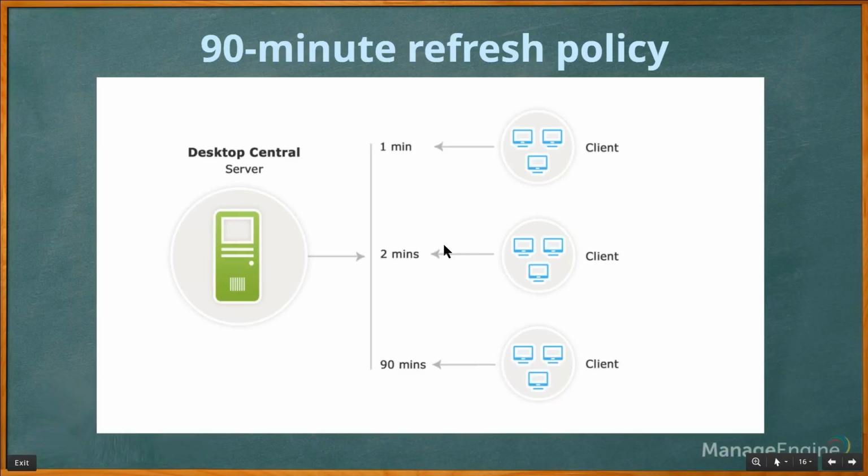For example, in a network of 90 computers, one computer will reach out to the Desktop Central server every minute, as you see in this diagram. If it is 900 computers, 10 computers will reach the server per minute. And if it is a larger network like 9,000 computers, 100 computers will reach the Desktop Central server. Using this feature, agents can communicate with the server without any hesitation.